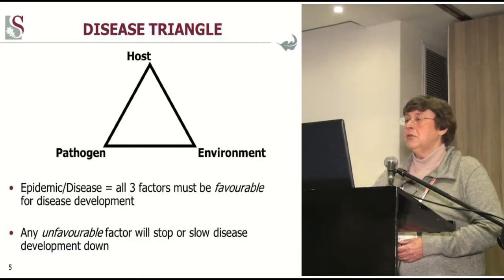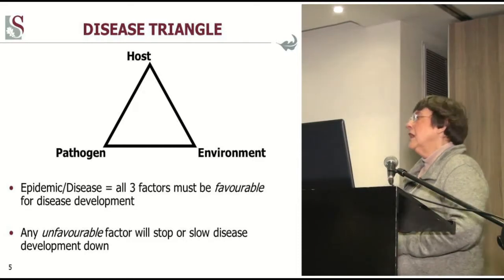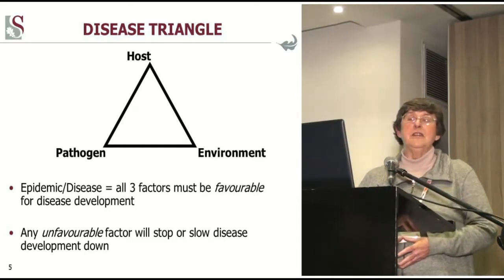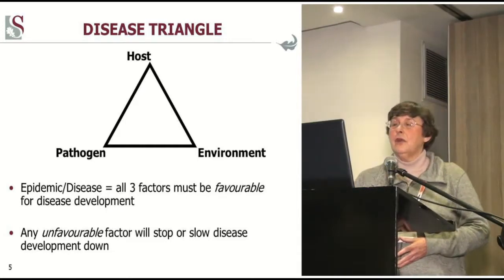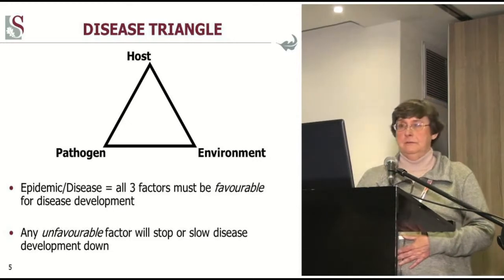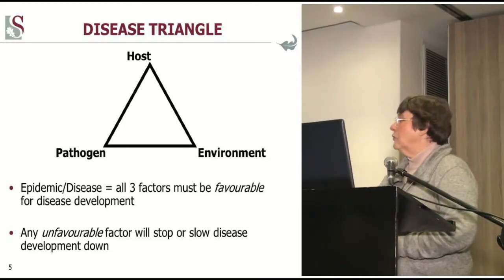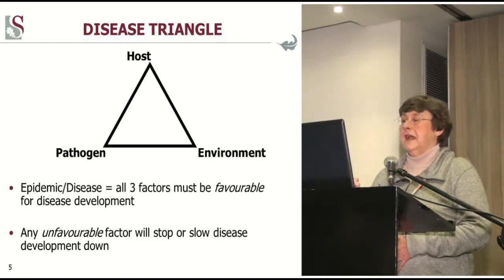Now, very importantly, when we talk about plant pathogens and plant diseases, is the concept of the disease triangle. What we mean by the disease triangle is that in order for any disease to happen, or for an epidemic to actually occur, we need three essential factors.